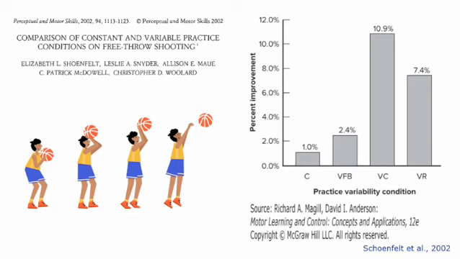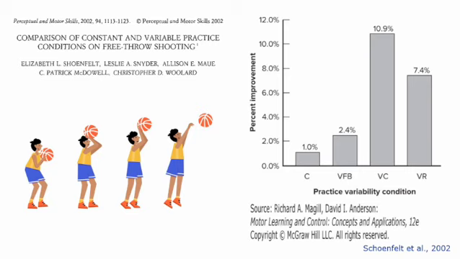They were divided into 4 groups: one constant practice group, which is the C in the figure on the right, and 3 groups of different variable practice conditions, which are VFP, VC, and VR. They practiced for 3 weeks, 4 times a week, 40 free throws per training session. As you can see, after those 3 weeks, the variable practice conditions were leading to better performance increments in comparison to the constant practice.